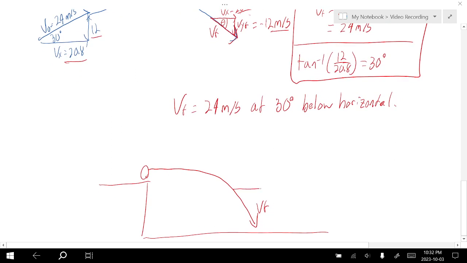We would have to find the x component and the y component to find the total velocity vector. So this is useful in other situations, not just where the object falls to the same height.